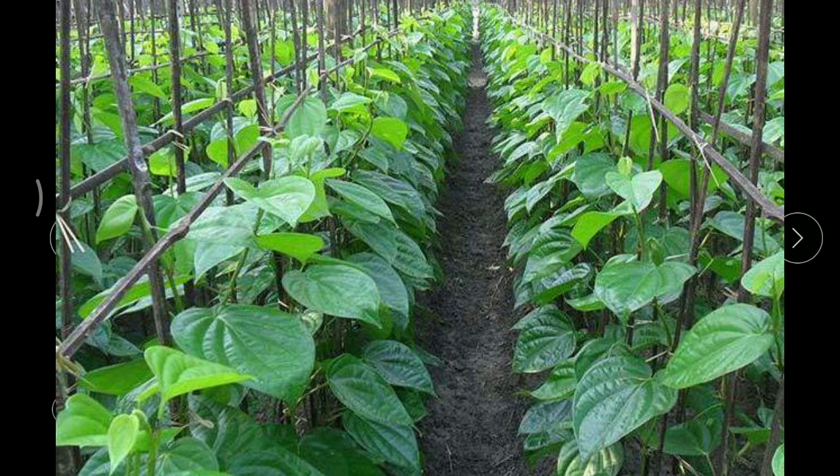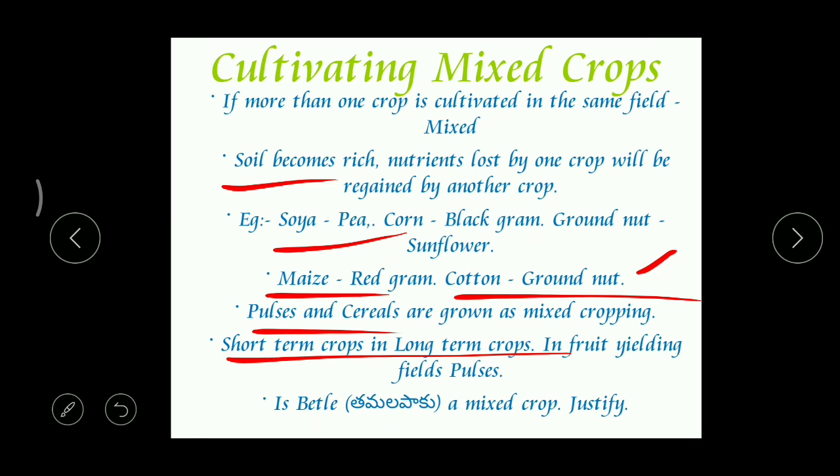So just for support, we grow some other plants, but we cannot consider this a mixed crop. Just for support. Even without those other plants, we can grow this betel, by giving the support in the form of threads or wires like this. Okay, right? So from this we can say that betel is not an example of a mixed crop, right?